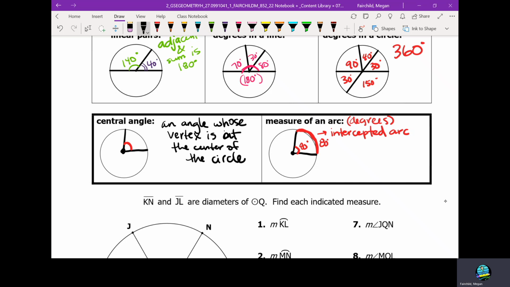So we're going to say central angle is equal to the intercepted arc. Any questions about that so far? I'll give you a second to write that down. Please make sure you're drawing the pictures too. That'll help.